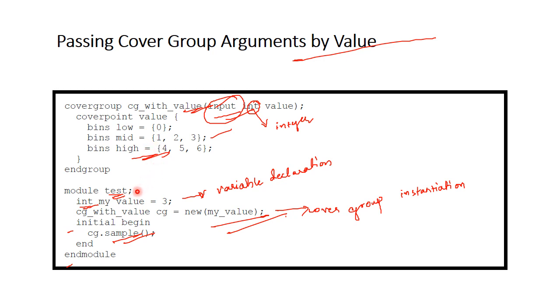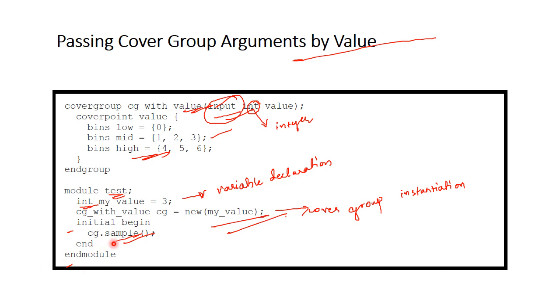Then you have a module which is named test. In that test module we have an integer variable, my_value, which is declared as well as initialized. An instance of the cover group is getting created with my_value passed by value.